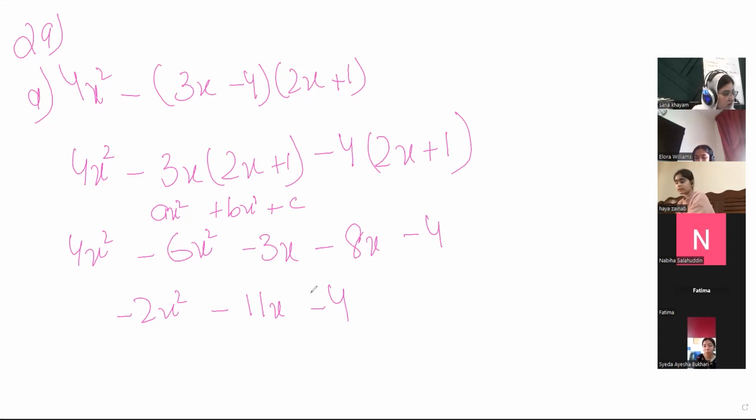Miss, I think this answer is wrong because on the back side of the book there is something else. Did I copy down the equation correctly? Oh, wait, let me do it again.